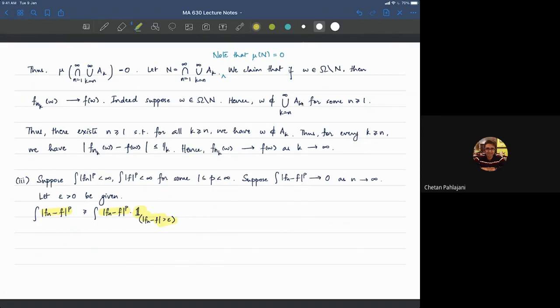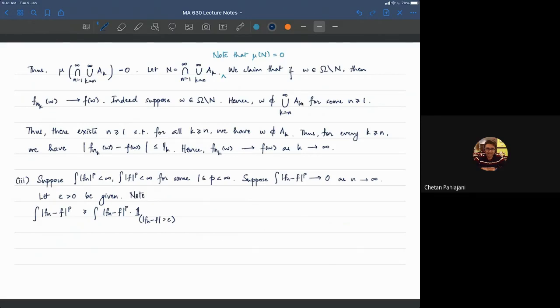So this inequality will certainly be true, because suppose that this indicator function is 0, then this quantity is certainly greater than or equal to 0. No problem. And suppose this indicator function is 1, then this quantity certainly equals itself. Okay. And so here I'm using the fact that, let me actually backtrack a bit.